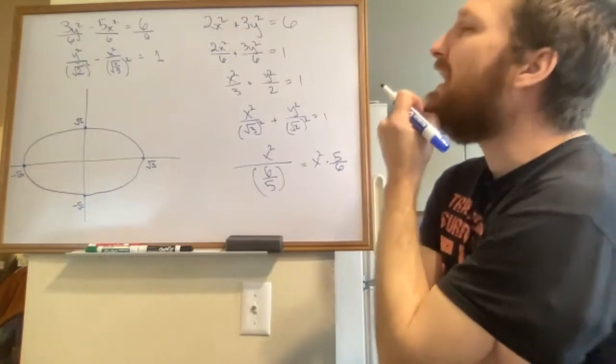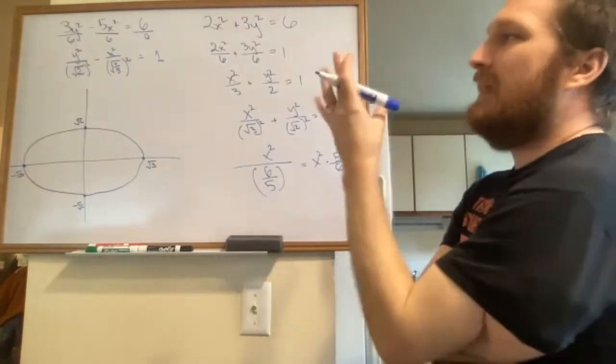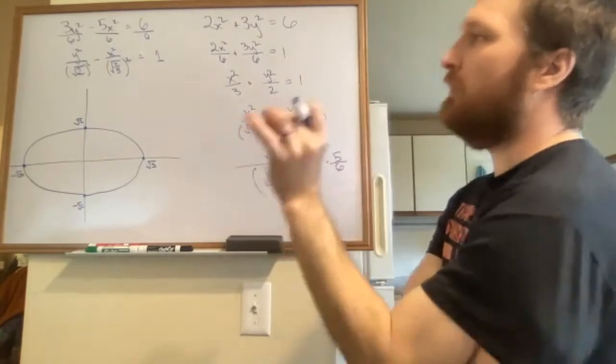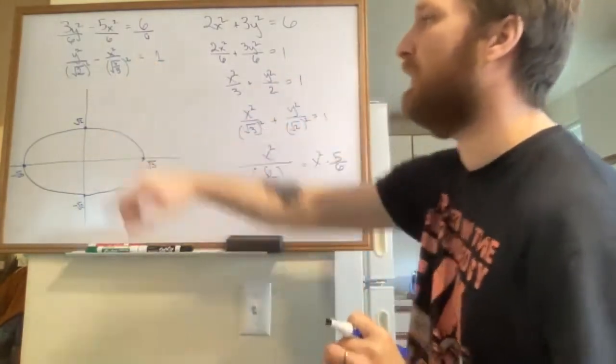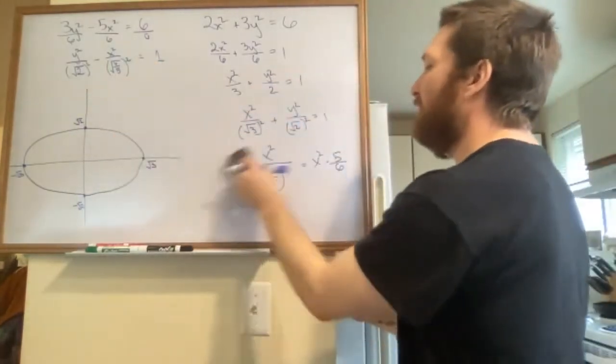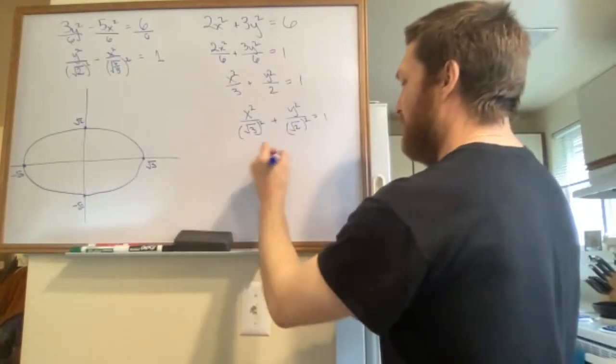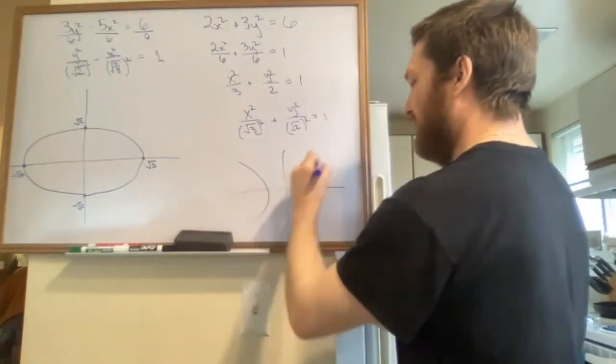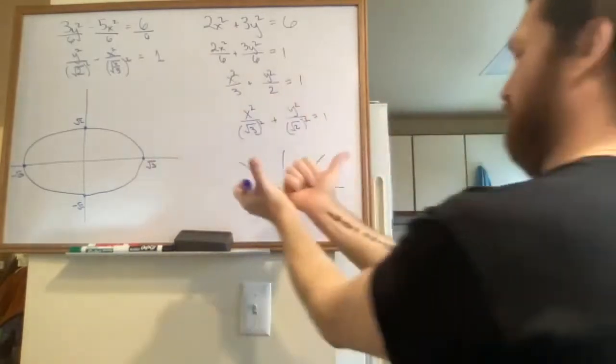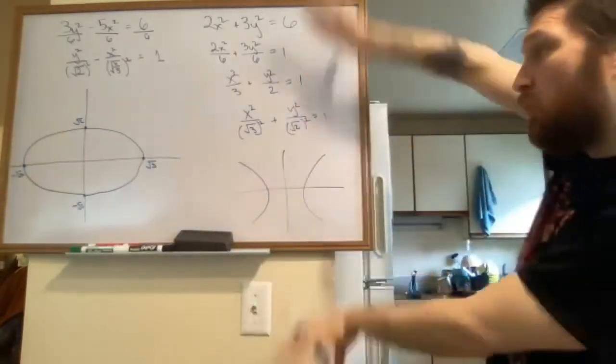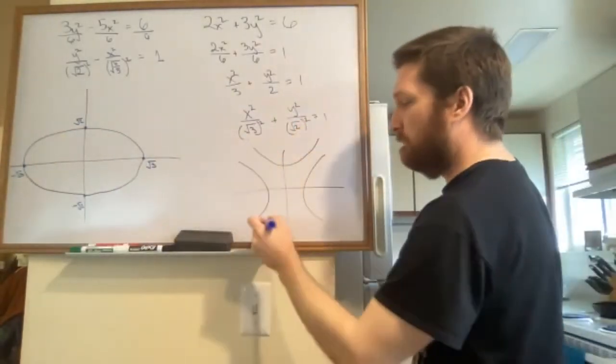Okay. Now, here's the question. This is how I think of hyperbolas. I've already identified that's a hyperbola. So there are 2 possibilities for this thing. It either goes through like this, one of those that goes out left and right, or it's one of those that goes up and down.